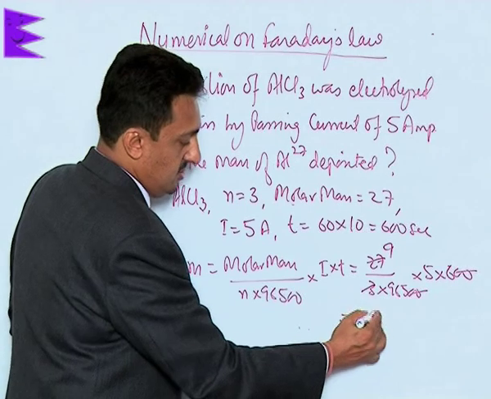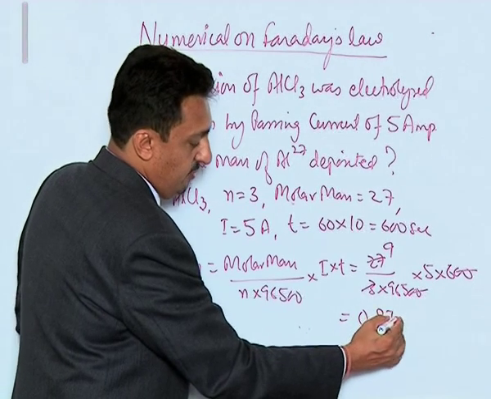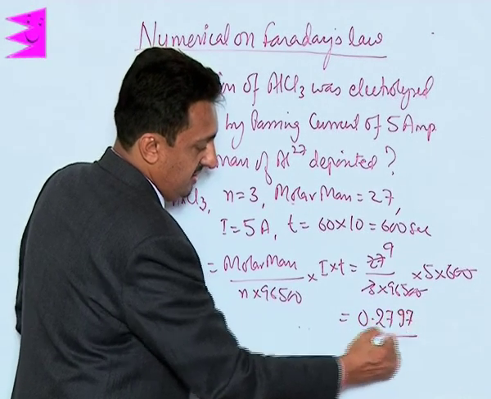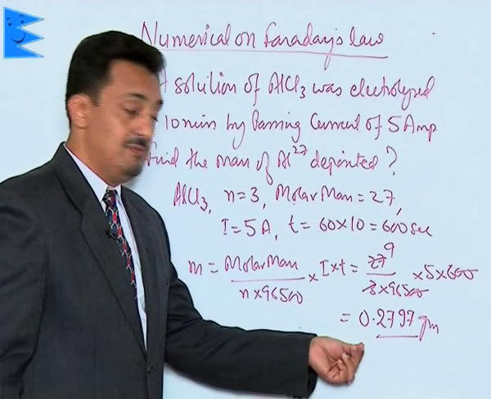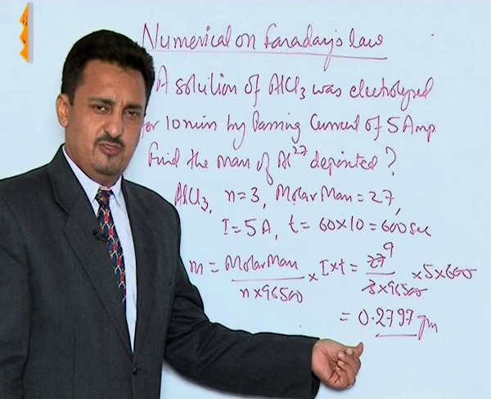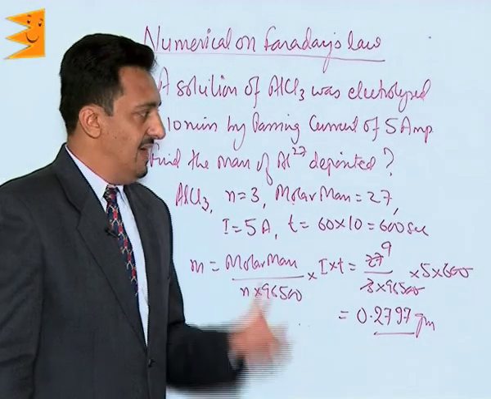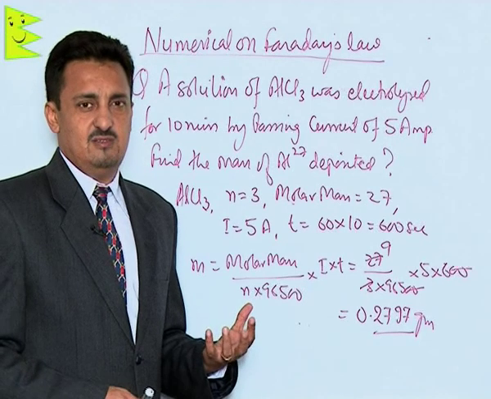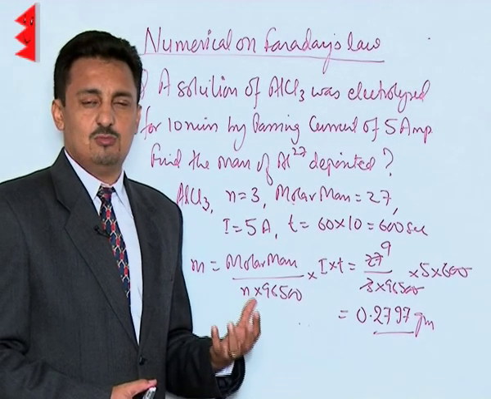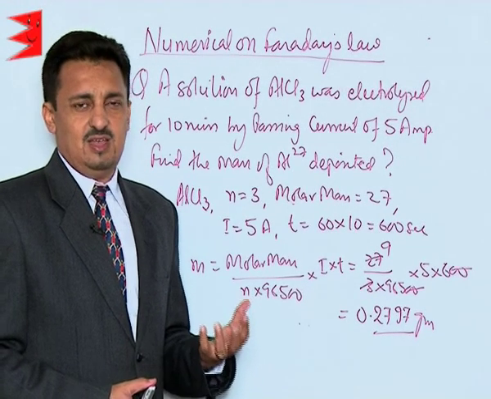So the answer comes out to be 0.2797 grams. So this much aluminium will be deposited on passing 5 amperes of current for 10 minutes, and this is how we can use the information given by Faraday's laws in finding out quantitatively how much of the substance is deposited at different electrodes.